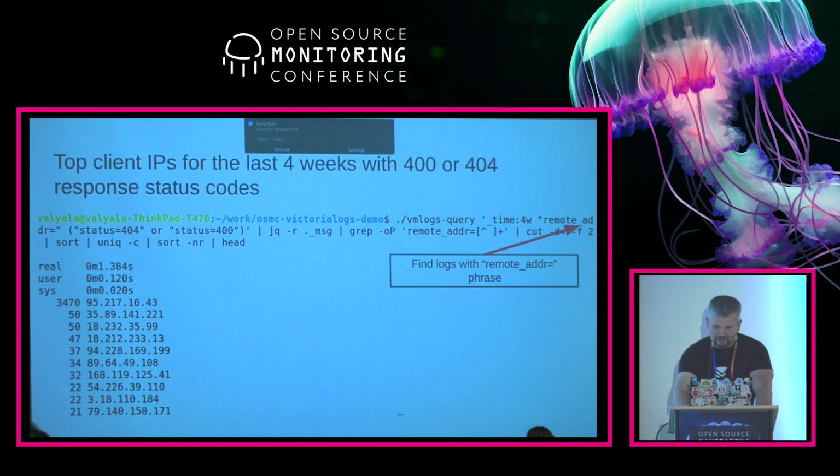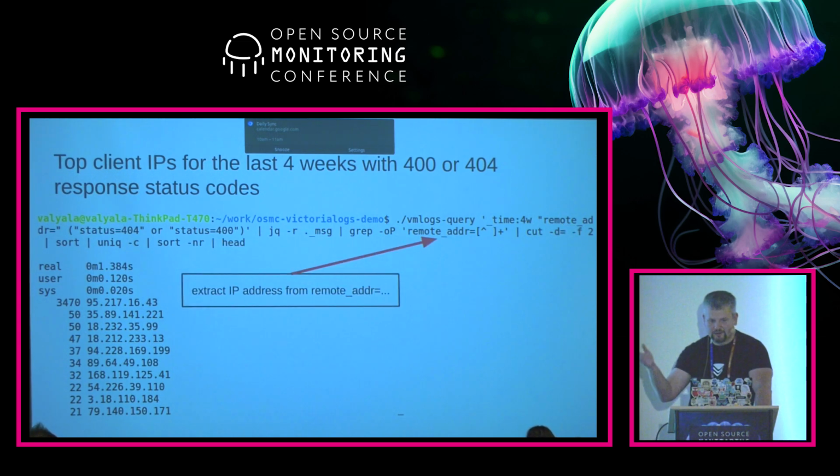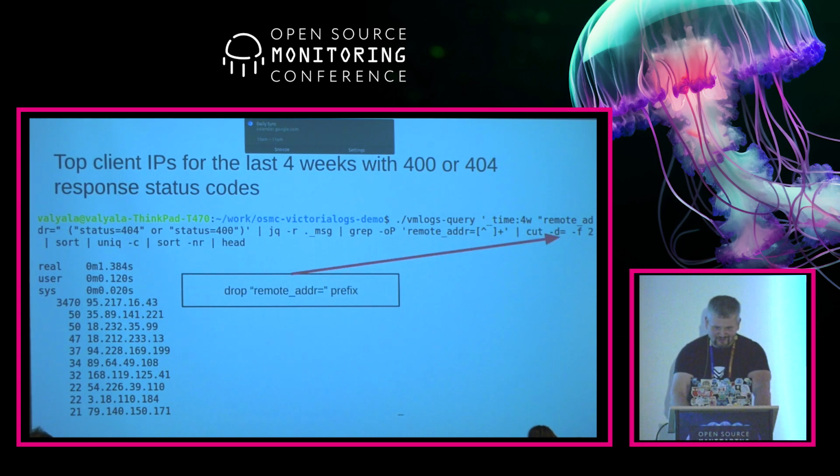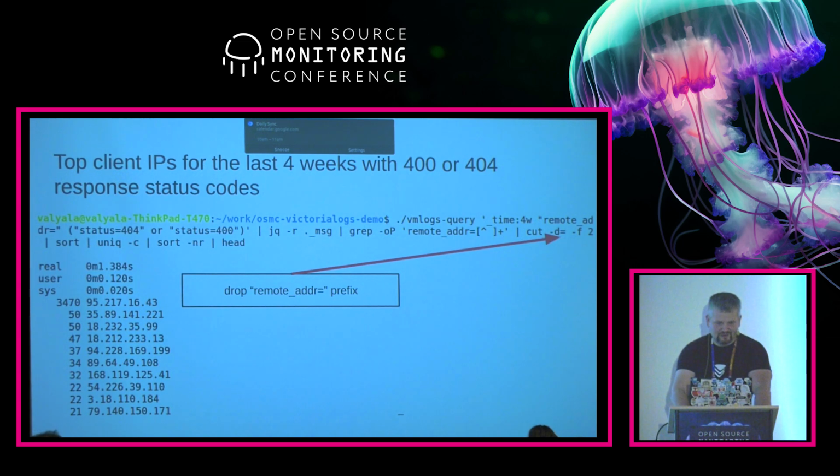You just write this LogScale query, add additional filters in order to filter out only log lines with the needed status values, then pipe them to regular bash foo and get results. And you can see that most of the log queries were generated by a particular IP address.